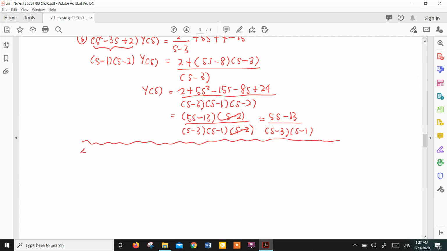The fourth step, the last step, is to find y(t) after you get Y(s). So y(t) equals the inverse Laplace of Y(s), which is the inverse Laplace of (5s minus 13) over (s minus 3)(s minus 1).